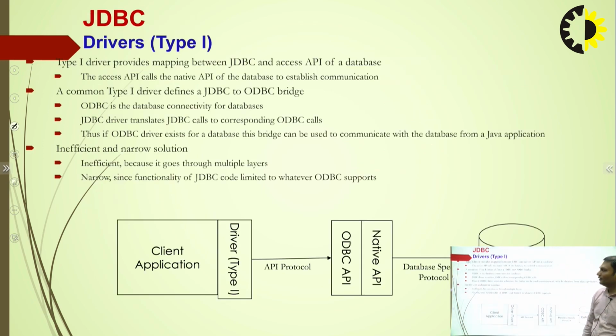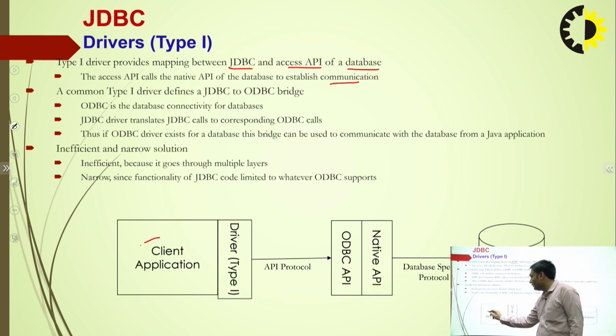Now let's see what the type 1 driver is. The type 1 driver provides a mapping between JDBC and the Access API of a database. So what is the Access API? The Access API calls a native API of the database to establish communication. Let's see this diagram.